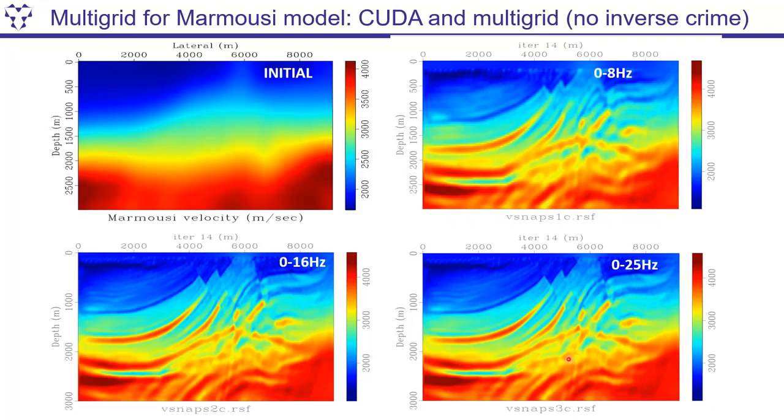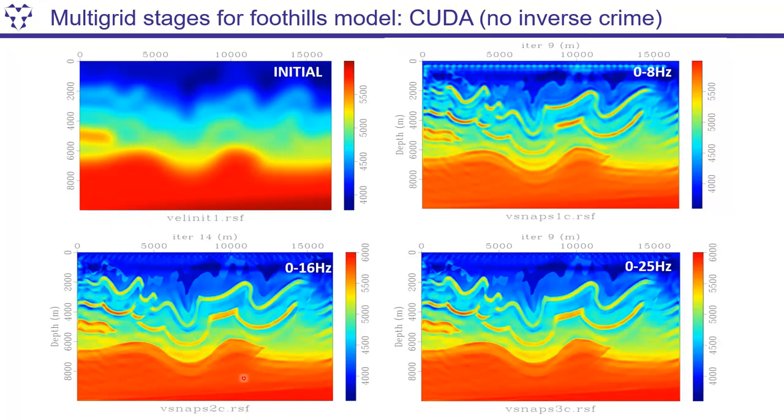It's interesting that the results here for the CUDA approach are slightly better than the ones that I showed before for GPU, and that's something that happens because the engineering behind the two implementations diverges. They cannot be exactly the same because of the way that CUDA requires dividing the model space in small windows. So here we see again the multi-grid CUDA results for the foothills model, where we get a very nice resolution, quite close to what we saw early on for the inverse crime.